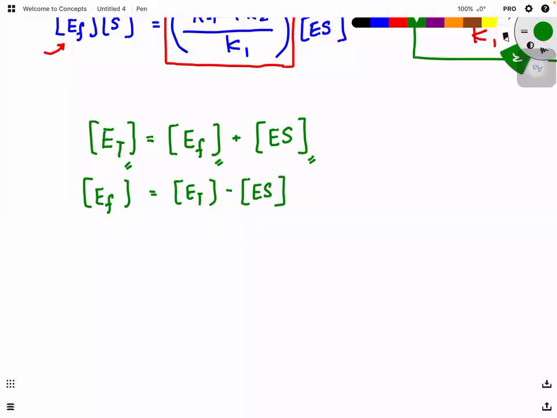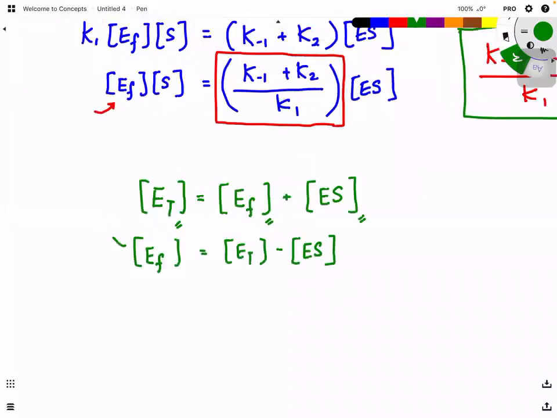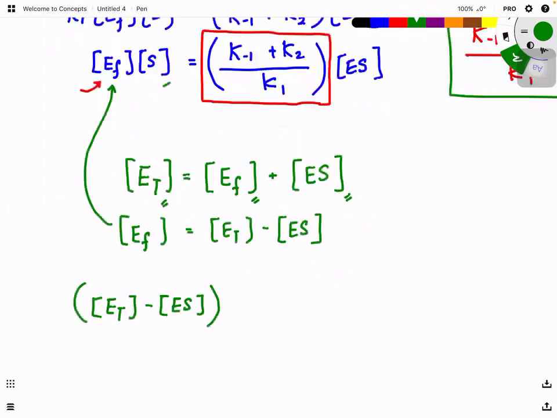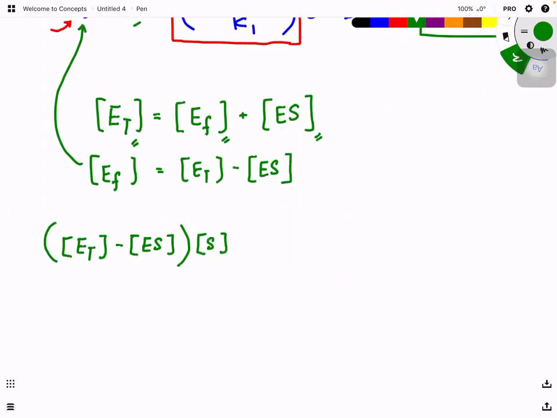So now I substitute this. Can you see that? I substitute this inside, so I will get what? ET minus the enzyme substrate concentration, multiplied with the substrate concentration, then equal to Km ES.